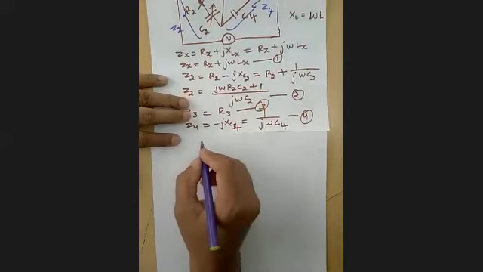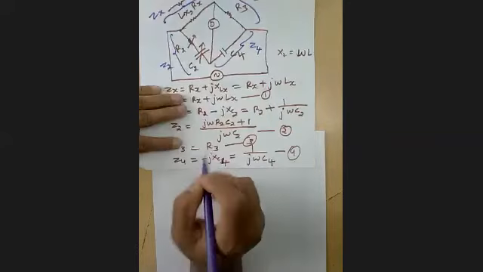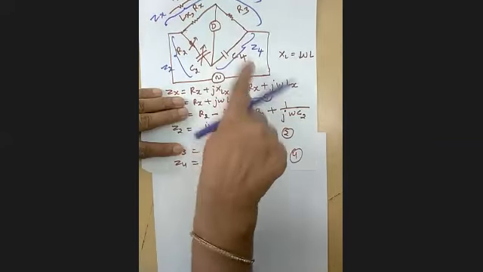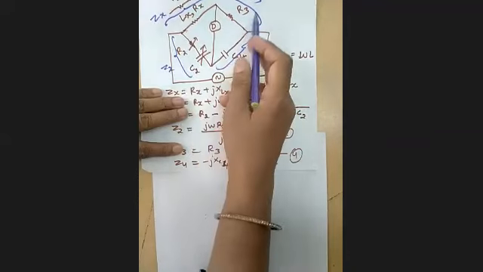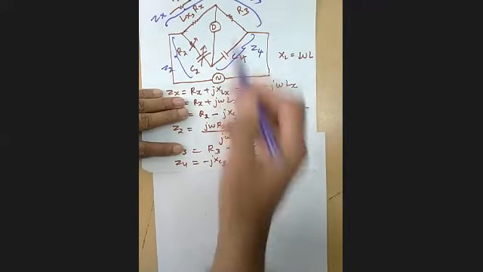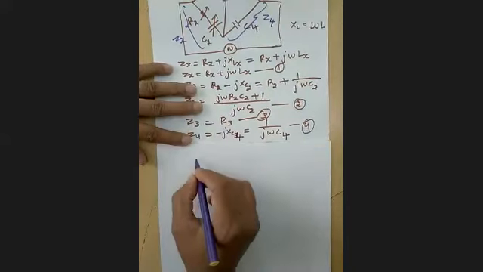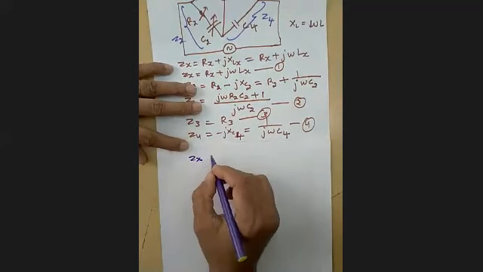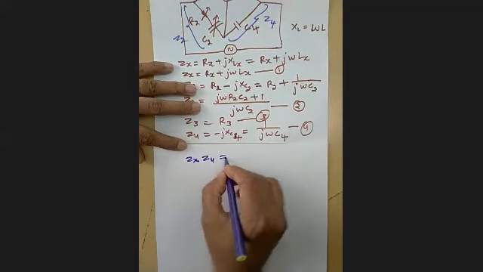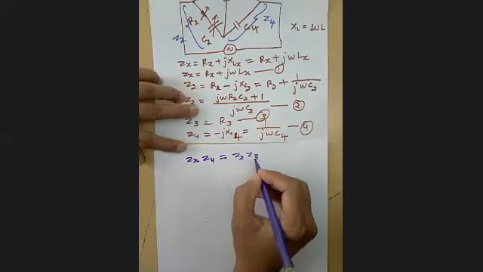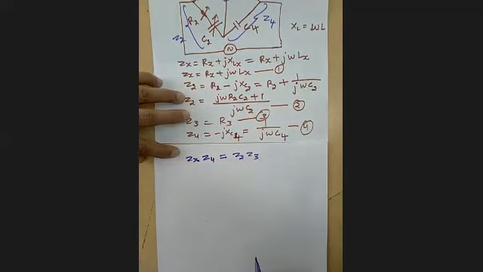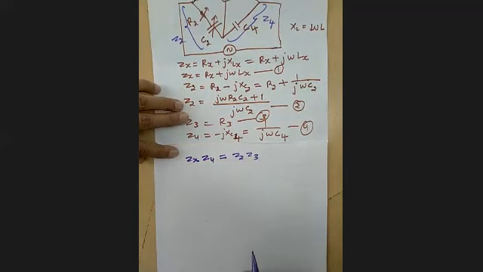Applying the balance condition here, you can see Zx multiplied by Z4 equal to Z2 into Z3. So I'm writing here Zx multiplied by Z4 equal to Z2 Z3. Is it okay? Yes, ma'am.